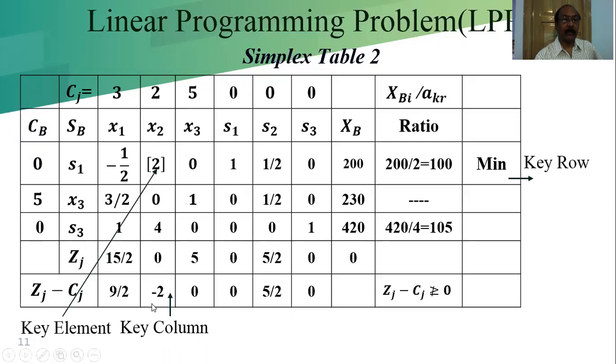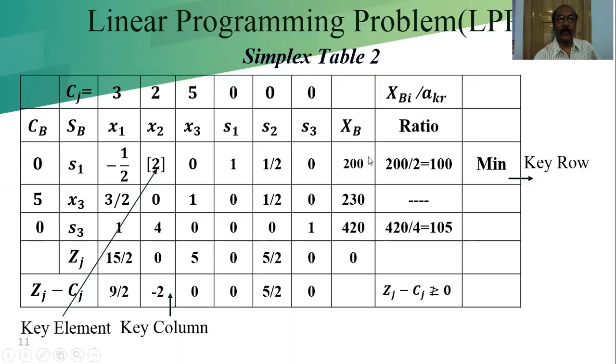Now we have to find the ratio, and from that ratio, find the minimum. Since the entry corresponding to the basis variable x3 is 0, we cannot use that for finding the ratio. Now 200 is the XB.